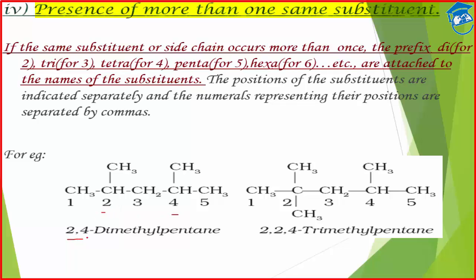The numbers must be separated by a comma, and number and alphabet must be separated by a dash. So these two are important. Numbers are separated by commas, and number and alphabet are separated by a dash. And then we need to use the appropriate prefix, like for 2, di, and so on.